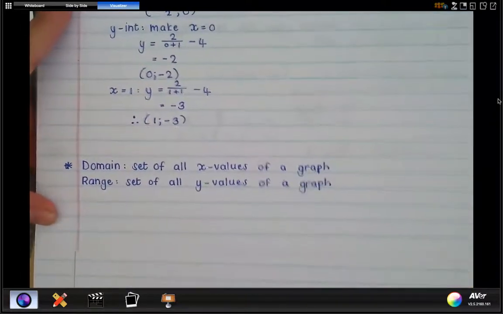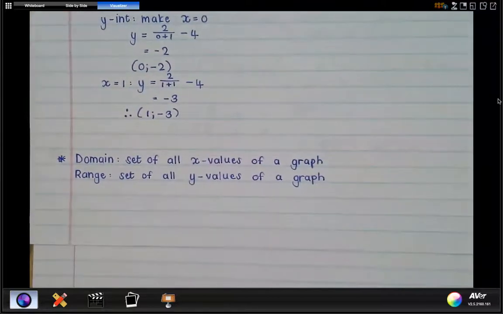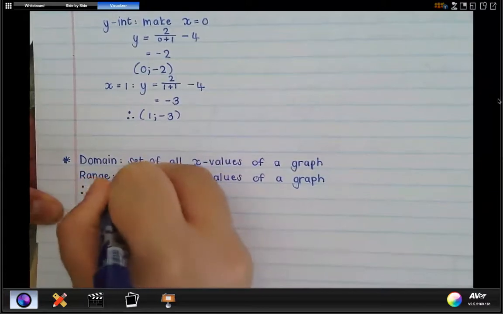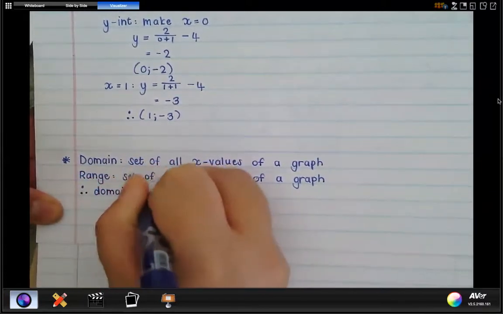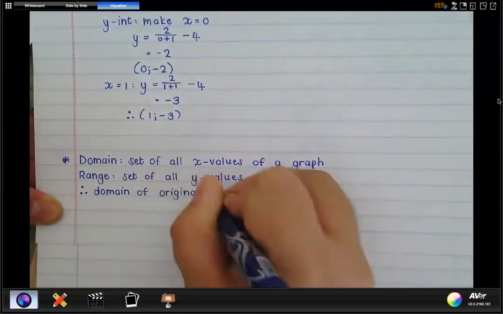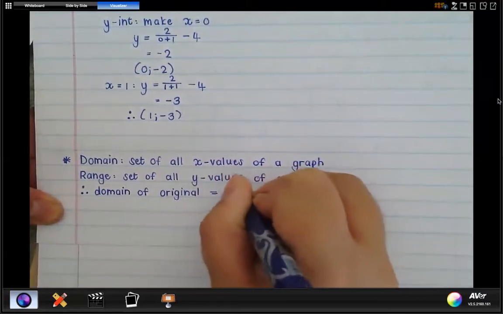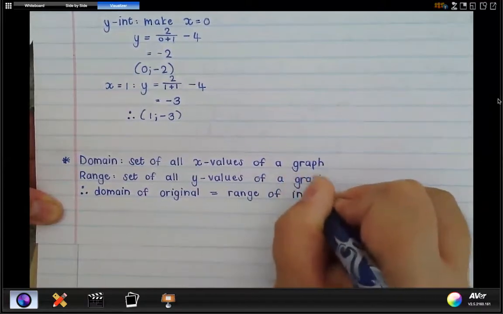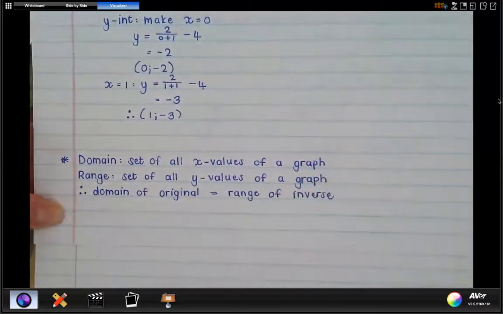Now, again, when we're working with domain and range, we're working with x and y. And like I said many times before, when you are going from the original graph to the inverse, you swap x and y around. So the domain of the original graph will give you the range of the inverse and vice versa, right?